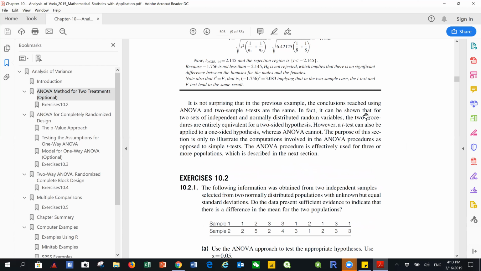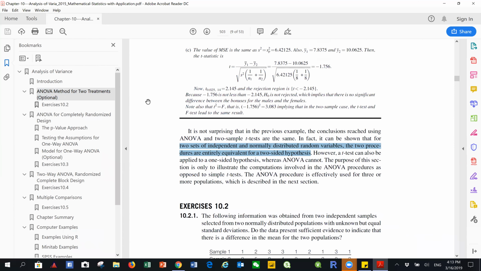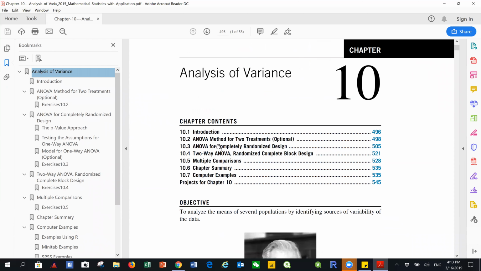In fact, it can be shown that for two sets of independent and normally distributed random variables, the two procedures are entirely equivalent. Okay, perfect, thank you.